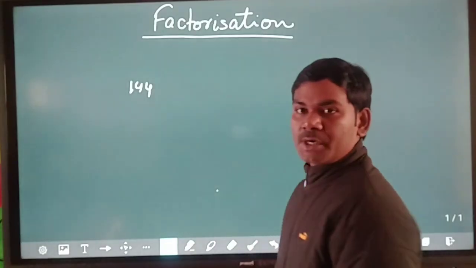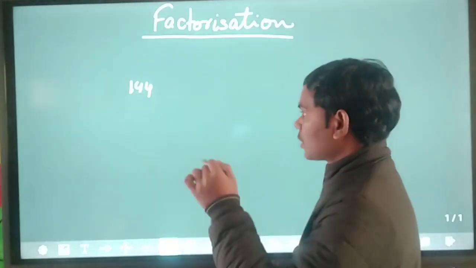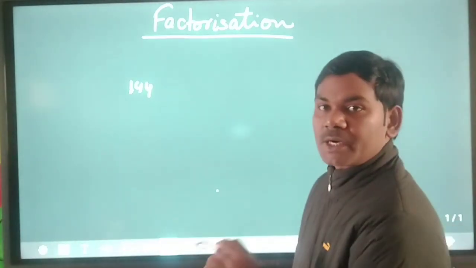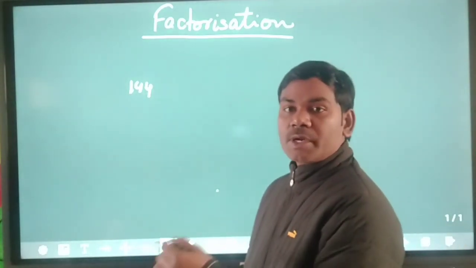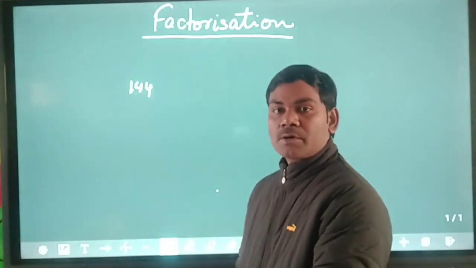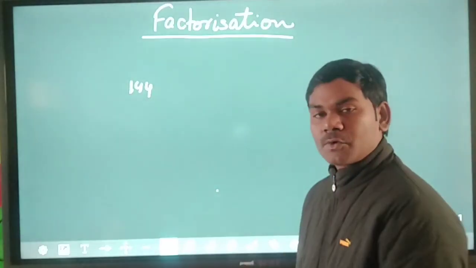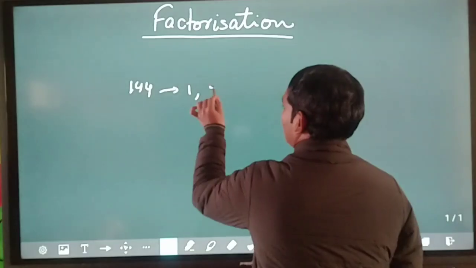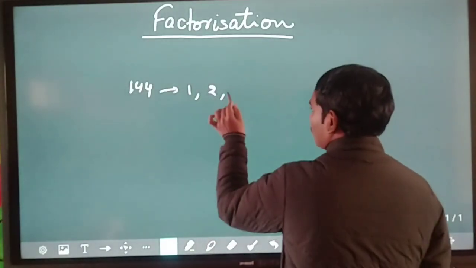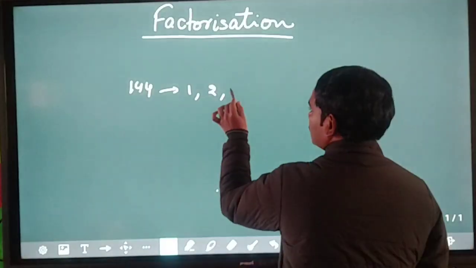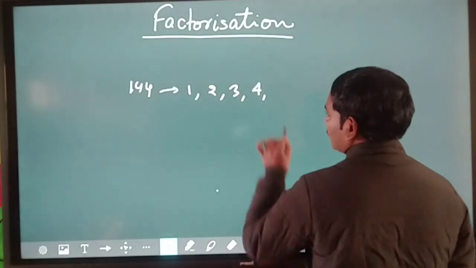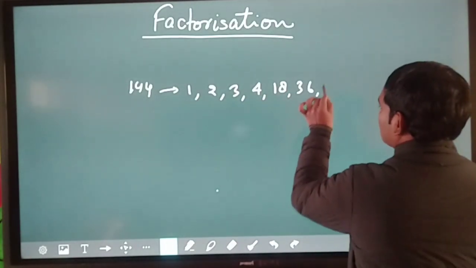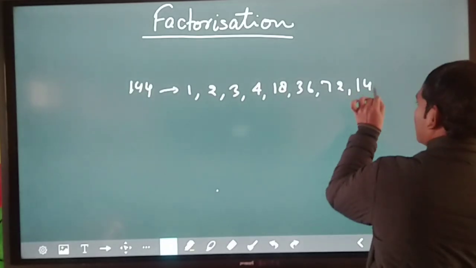The meaning of factorization of 144 is that we have to break down 144 into all the numbers by which 144 is completely divisible, so that is 1, 2, 3, 4, 18, 36, 72 and 144.